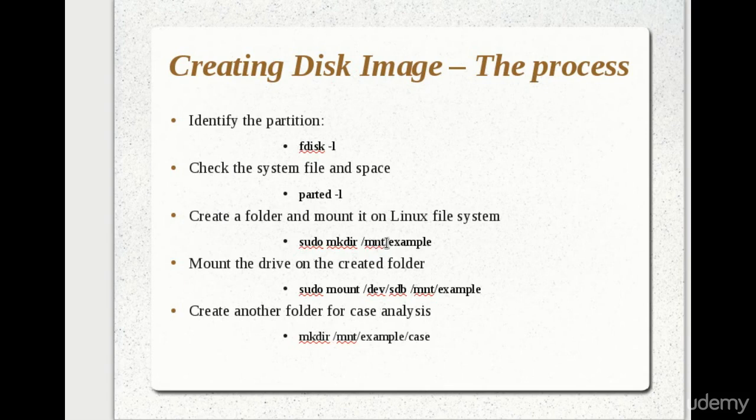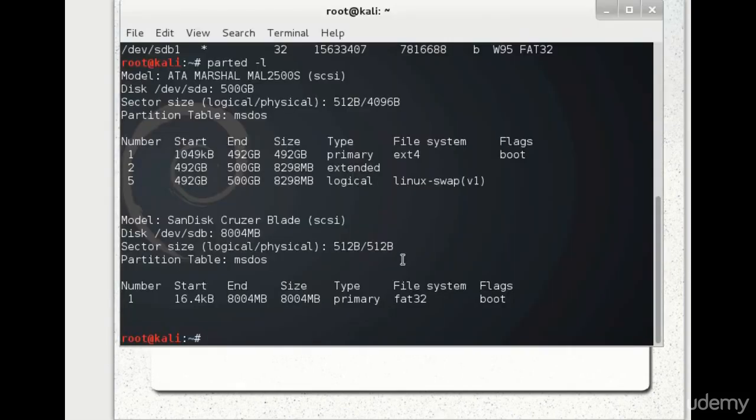Make directory /mnt means in this particular folder the directory name is example. You may use another name for the directory because it totally depends on the individual. I am taking the directory name example here.